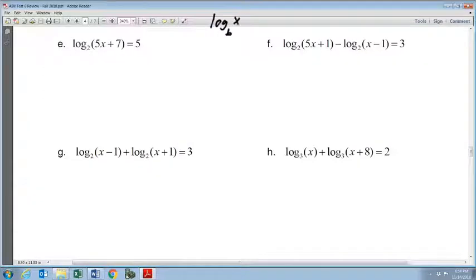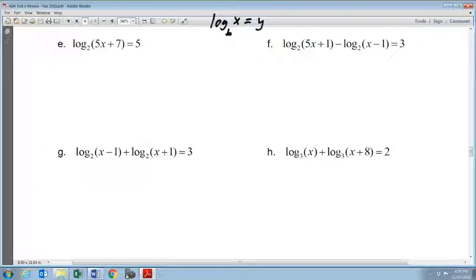All right, let's look at the next 4 of these logarithmic equations. So notice here we don't have log equals log. These are different. On the right side we have numbers, and so you can't just set the 5x plus 7 here equal to 5. This is a different type of problem.